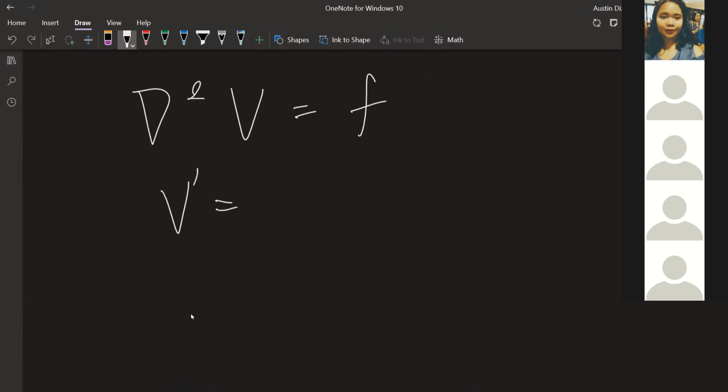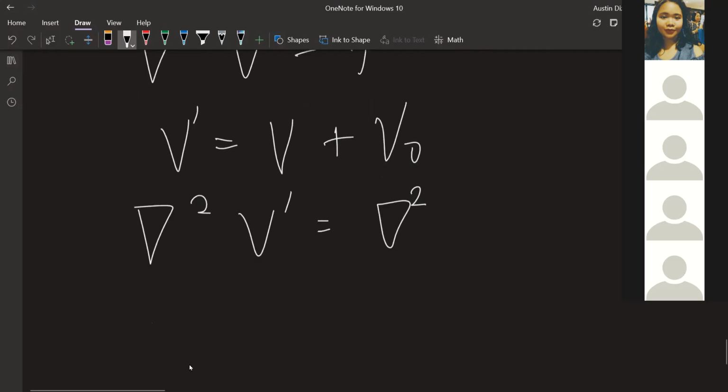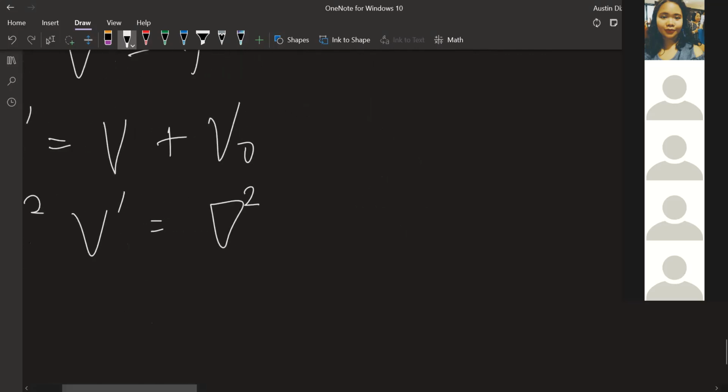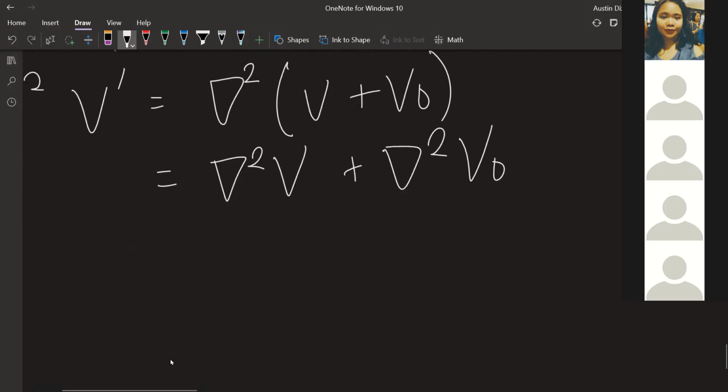I can write V prime as some function of V and some V naught. Okay? And now, the Laplacian of V prime is just the Laplacian of these two. So, V plus V naught. I know yung Laplacian ni V. Alam ko yan. Yung Laplacian ni V naught, don't know. Yung Laplacian ni V naught will be some F. Di ba? Ito yun.